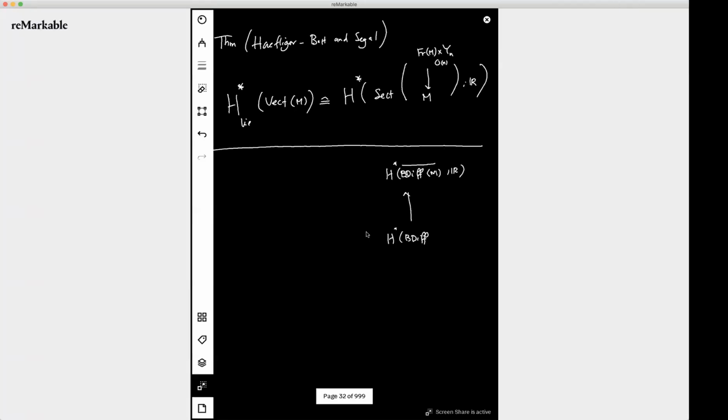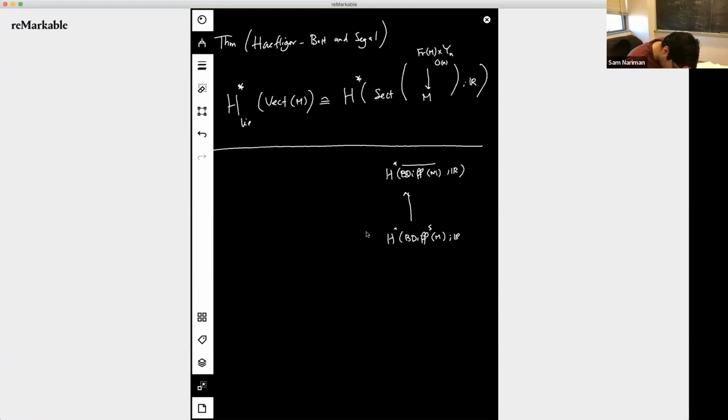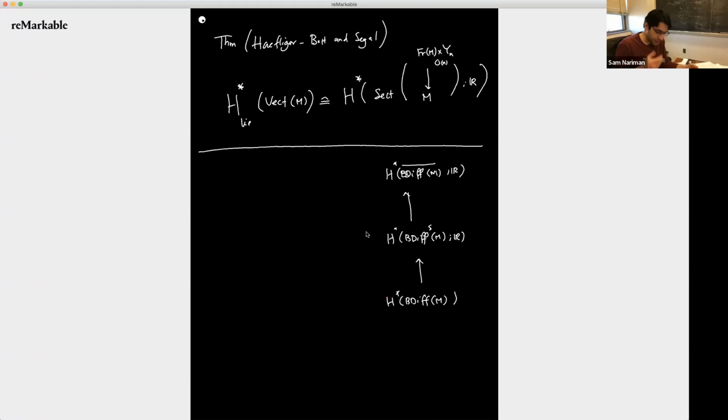Okay. Fine. B Diff delta of M and cohomology of B Diff. So suppose that you want to reconstruct the fundamental diagram for any manifold.